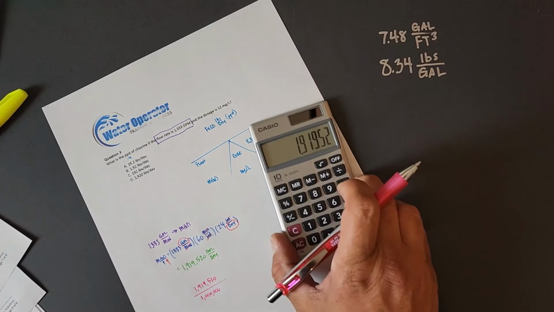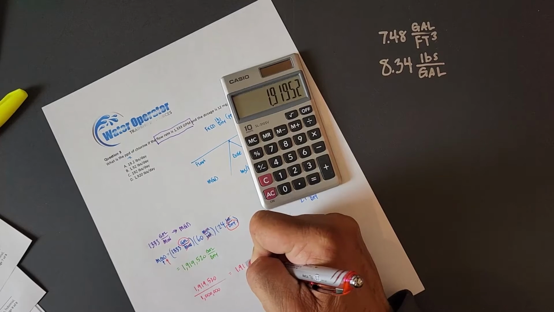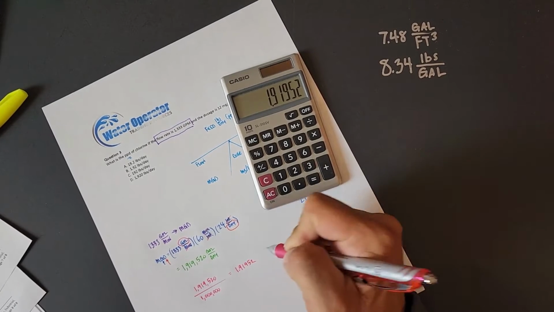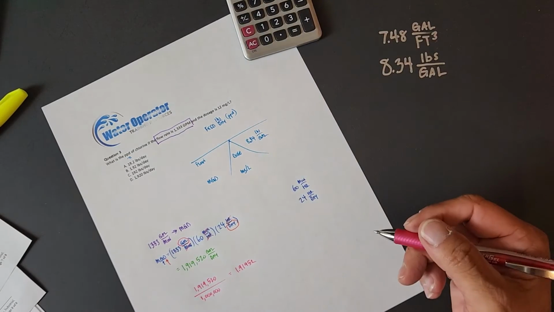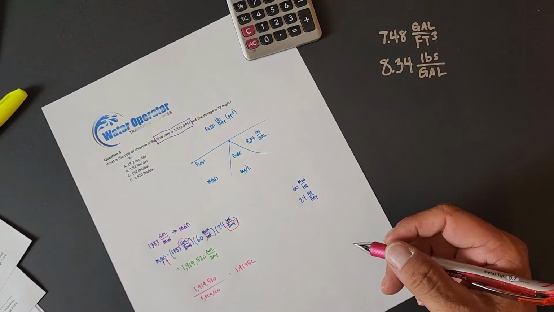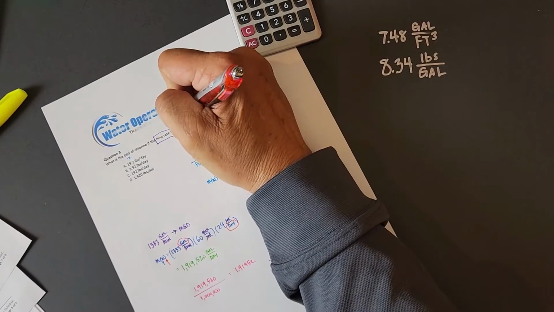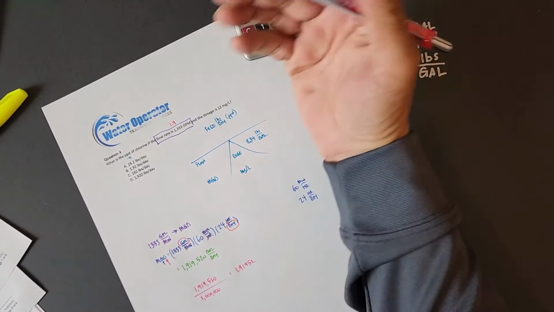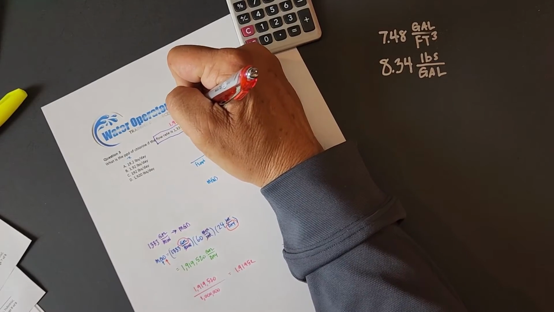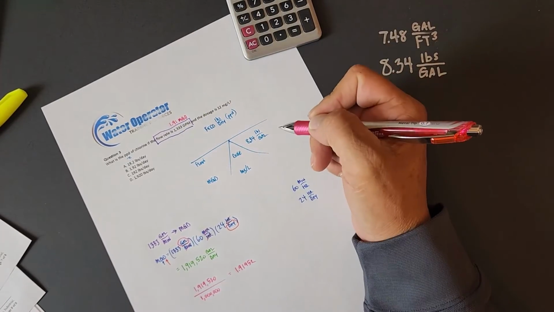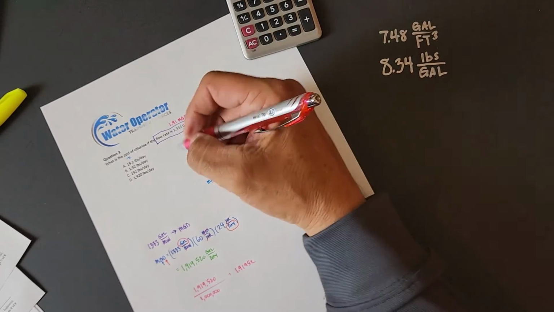And that's going to give me 1.91952. All right. So now we have the flow rate of 1.9, let's call it 1.91 MGD. We converted gallons per minute to MGD.